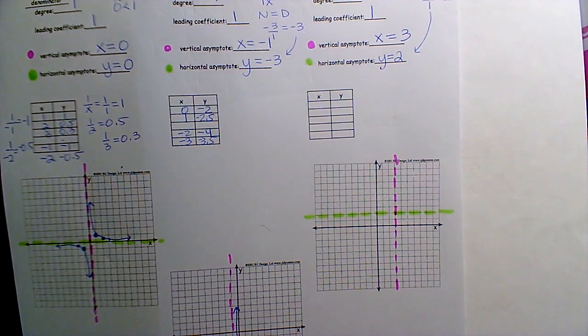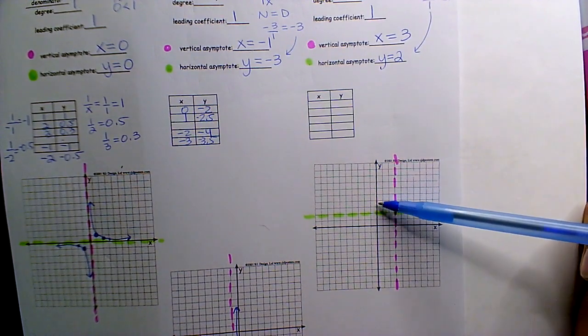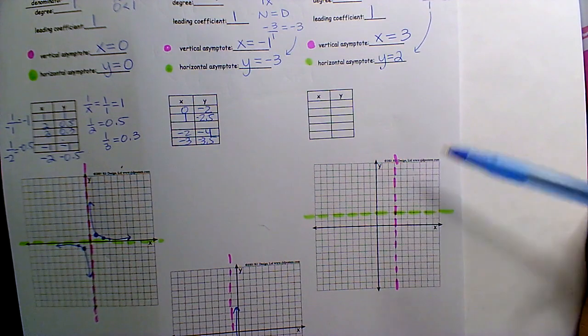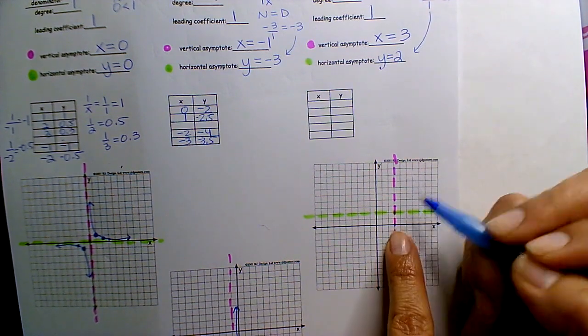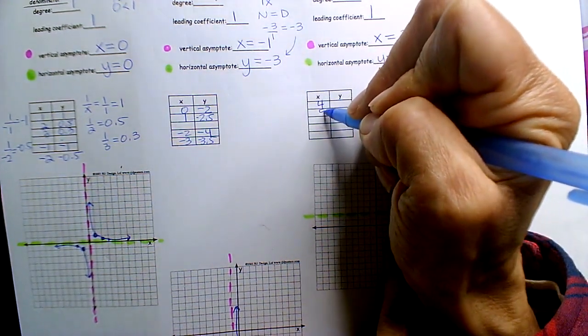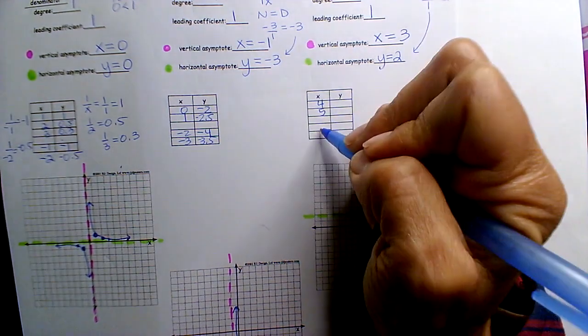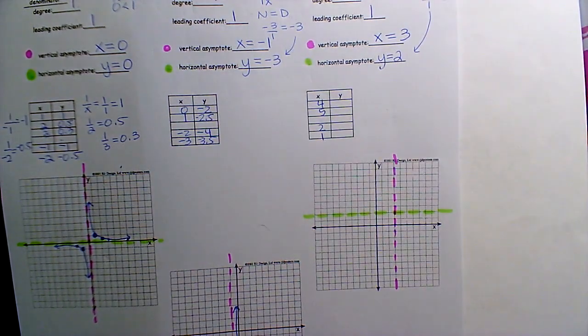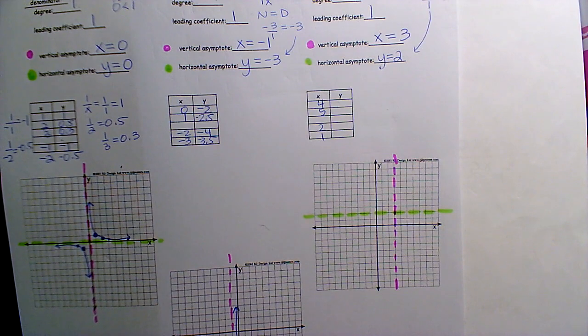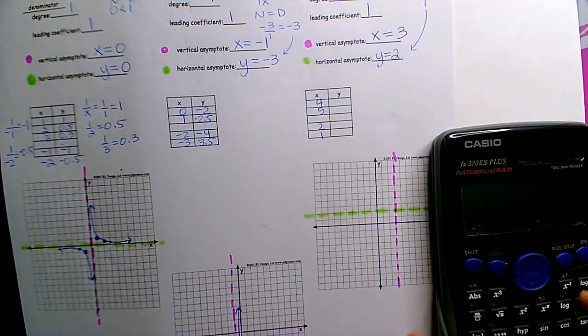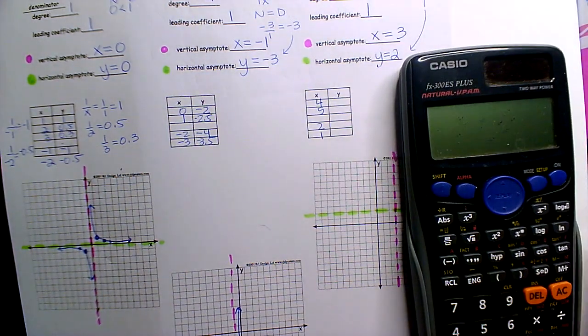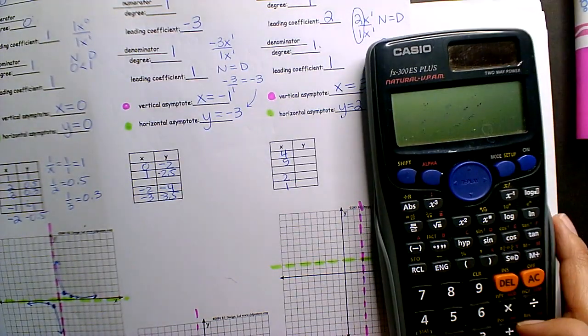And now you just pick values to the right and to the left of your pink vertical asymptote. So if I'm at 3, I'm going to pick 4 and 5, and then over here I'll pick 2 and 1, or 1 and 2, right? And then you just grab a calculator and you substitute.